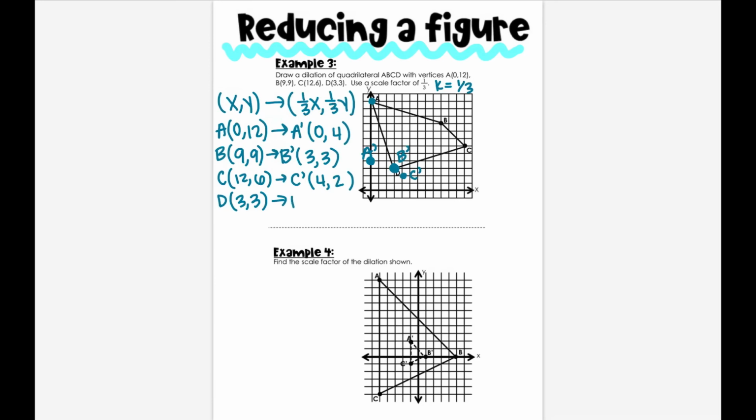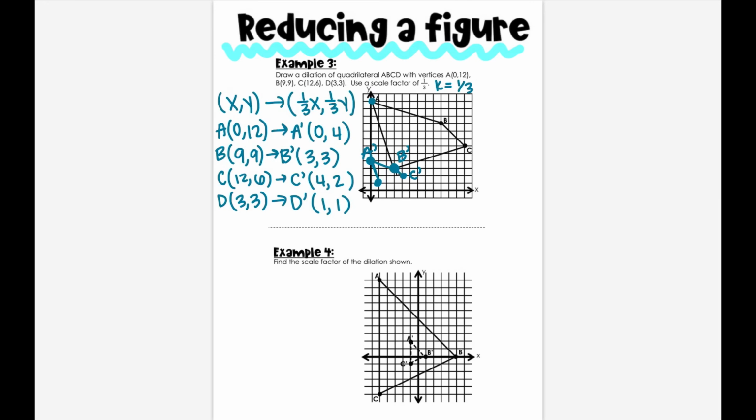Point D was originally at 3, 3. D prime will be at 1/3 of those, so 3 divided by 3 is 1, giving us the point 1, 1.